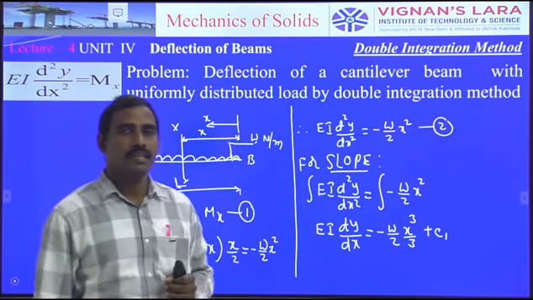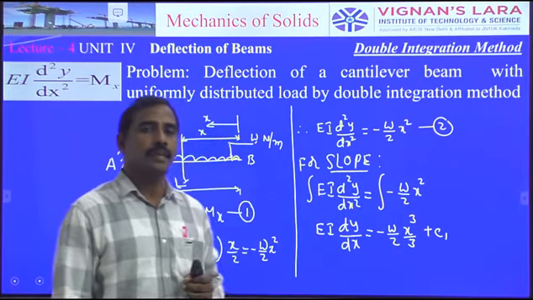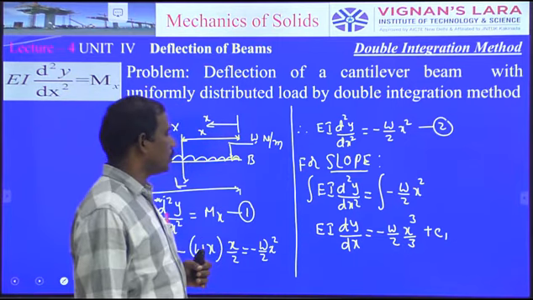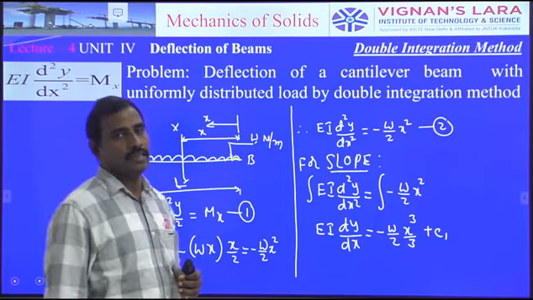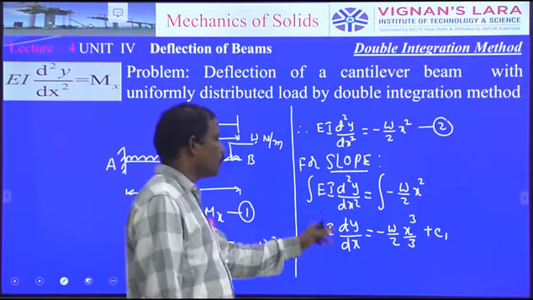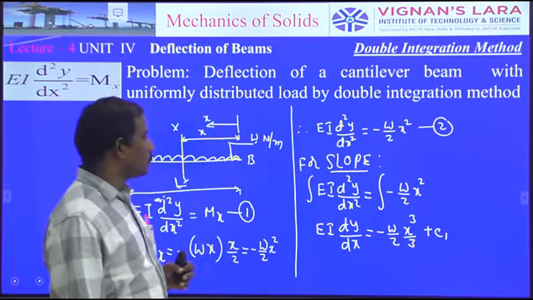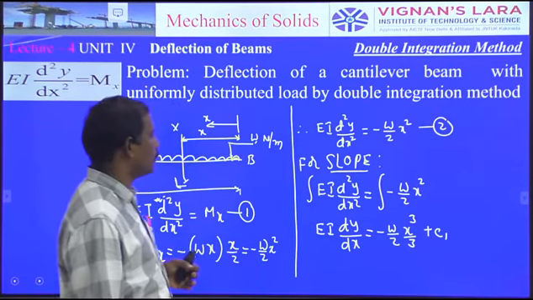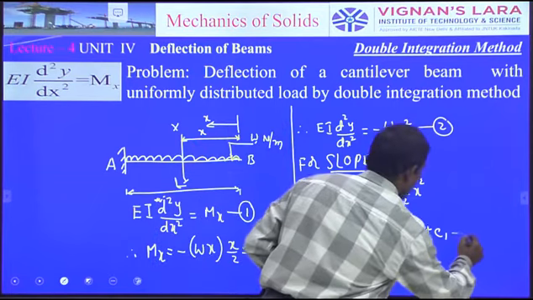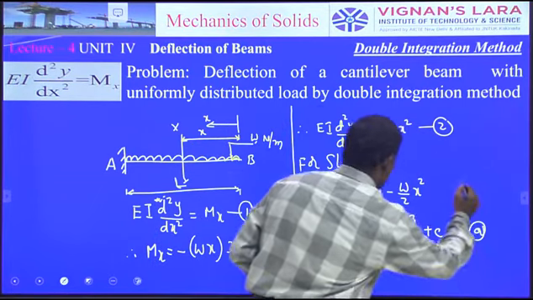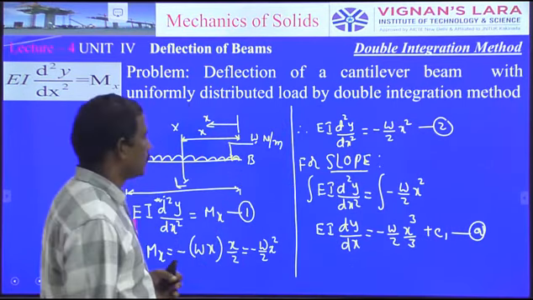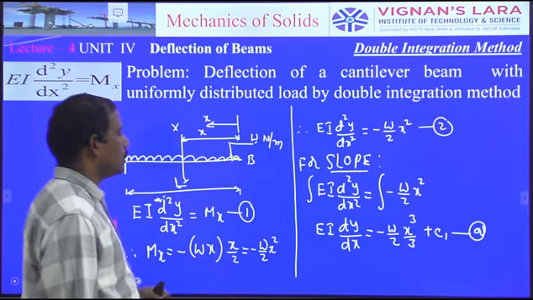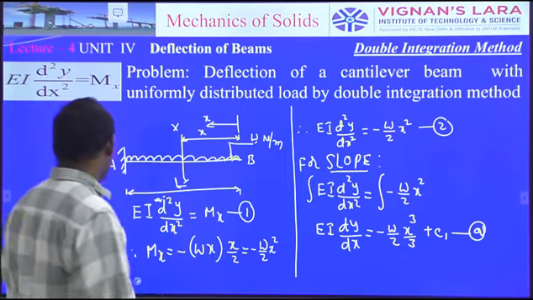Here c1 is the constant of integration that is obtained by imposing the boundary conditions. So here the slope is 0 at the fixed end and maximum at the free end. Let us assume this is equation number A. So by imposing the boundary conditions, we can find out the c1 value.